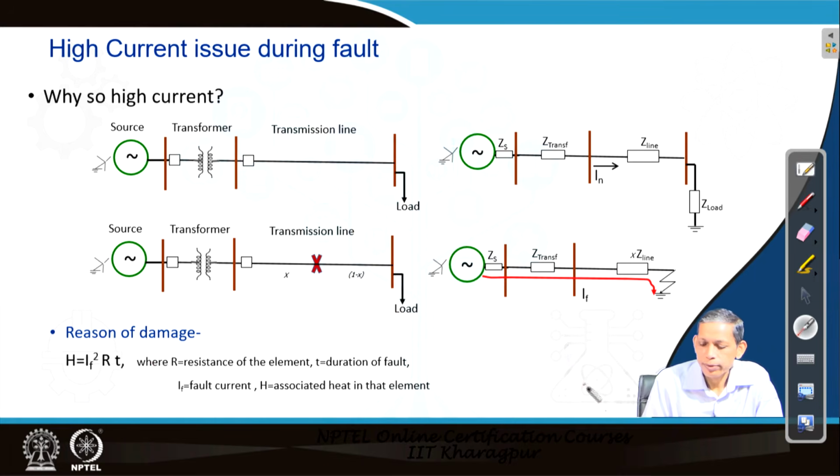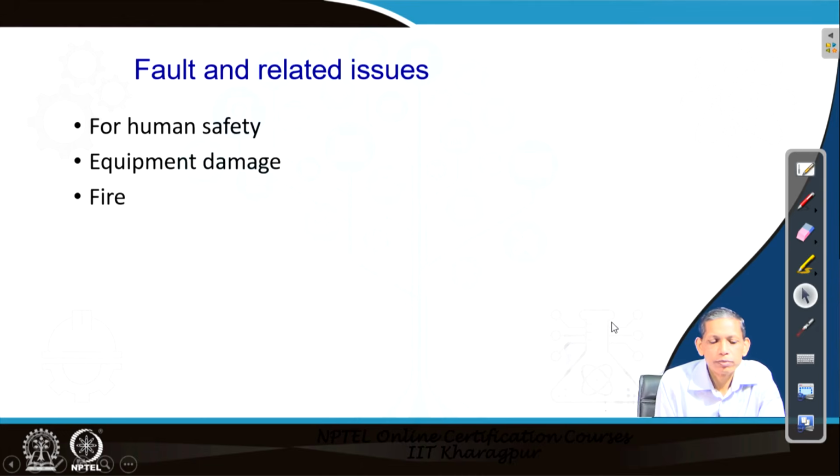So we see that this fault leads to large current and there is a possibility of damage in the system. It is not limited to that, it has other aspects also, like a live wire falling on the ground leads to pretty high ground voltage, and that has implications for human safety.